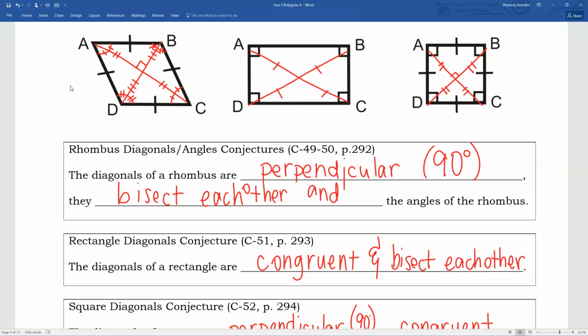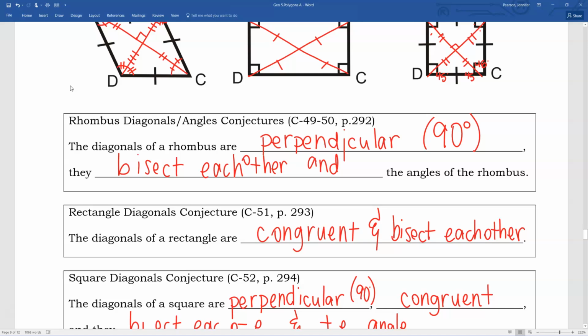And then if we look at the corners, the original corners are all 90s, but they're all bisected. So then each of the little pieces that are left over are all going to be 45s. Half of 90 is 45. Every one of these, all 8 of them, are 45s.